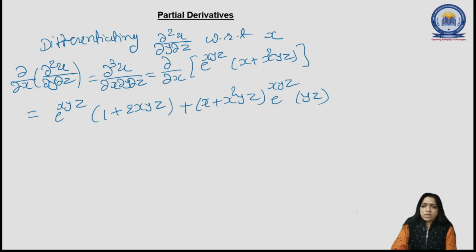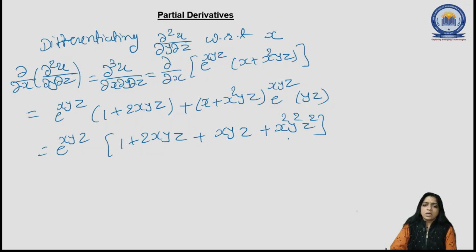Okay, so if I keep this e raised to xyz common, then the remaining bracket is 1 plus 2xyz plus x into yz, that is xyz, and the x square yz into yz, that is x square y square z square. So here e raised to xyz, this is 1, 2xyz plus 1xyz, this one is 3xyz, and here x square y square z square.